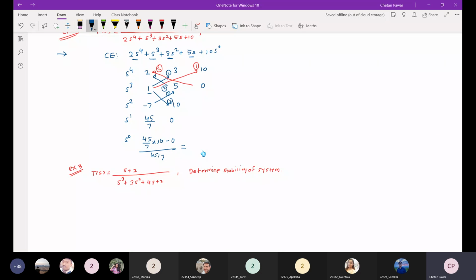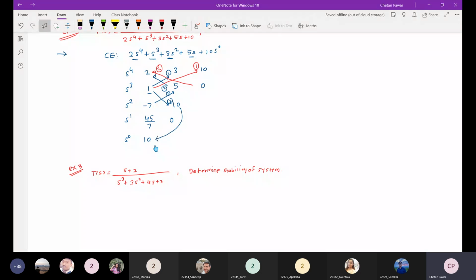So that will be 10 only, right? So you can directly take that element here. So I will just replace this with 10. So this is 10. Okay, so this element directly came here this way.